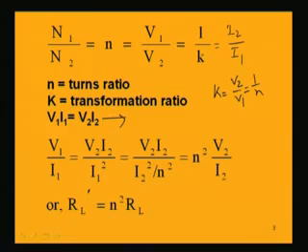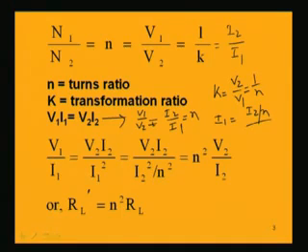From V1 I1 equal to V2 I2, we get V1 by V2 equal to I2 by I1, and as V1 by V2 is equal to n, I2 by I1 equals n. So we can write I1 as I2 by n.